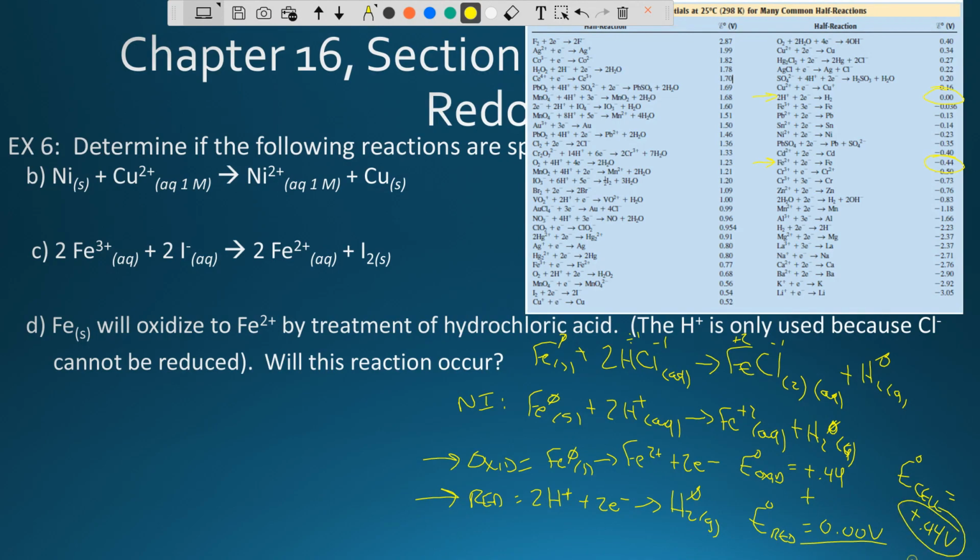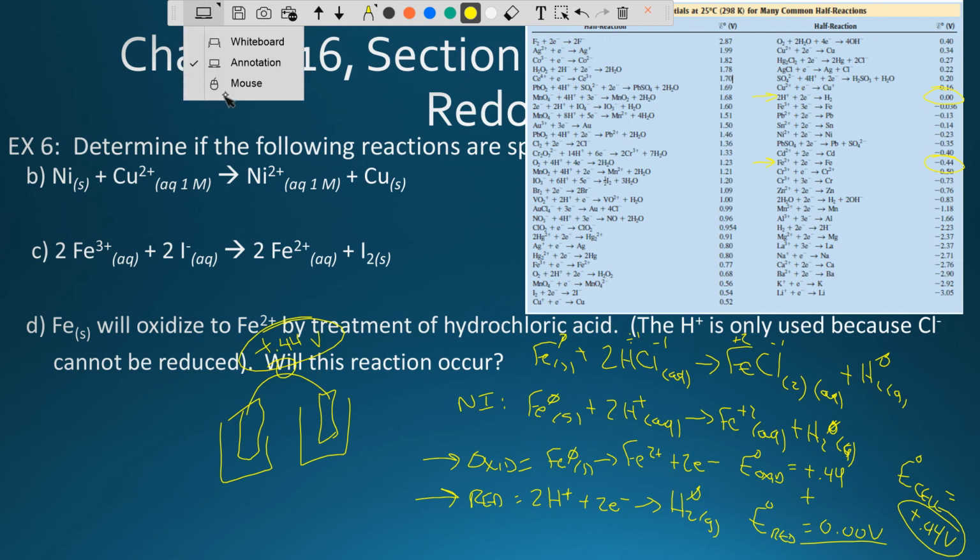Okay, so what that means is on my actual solution, I won't draw out everything here, that voltmeter should read somewhere around positive 0.44 volts. Will the reaction go? Yes, that is a spontaneous reaction. Okay, so that's how we would go about that type of problem.